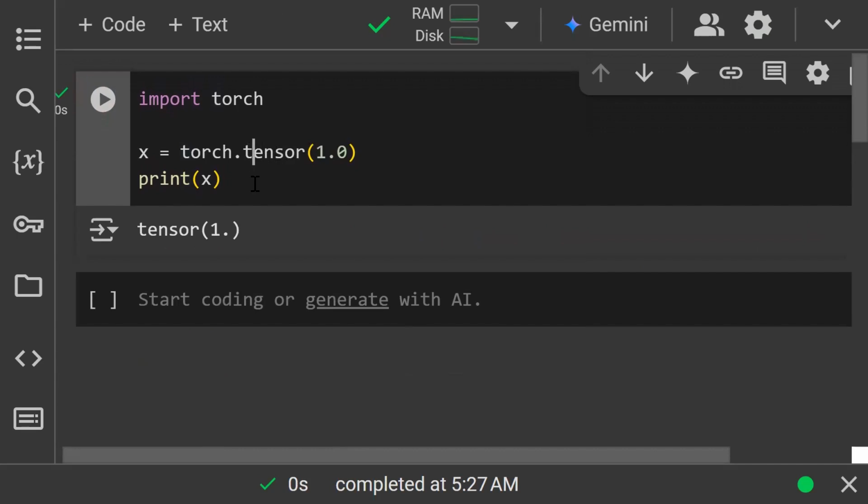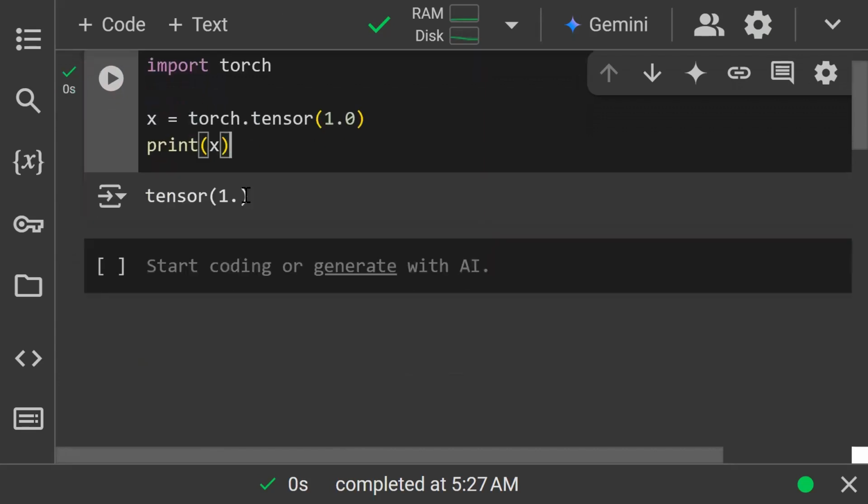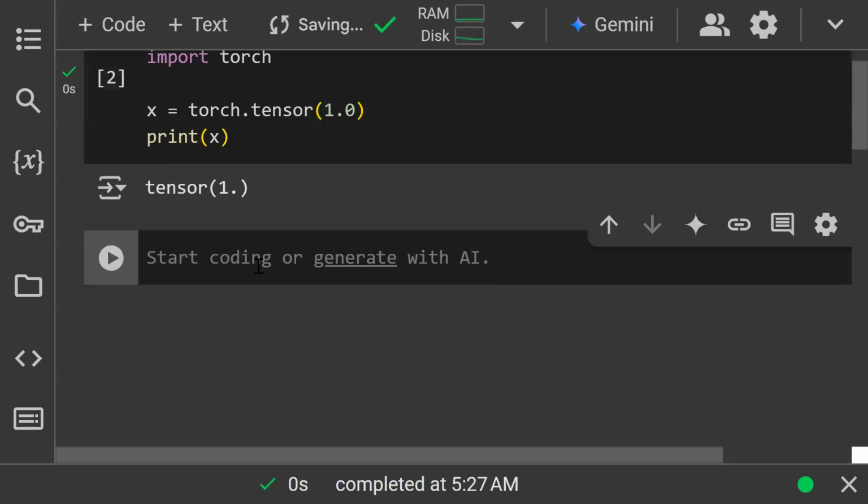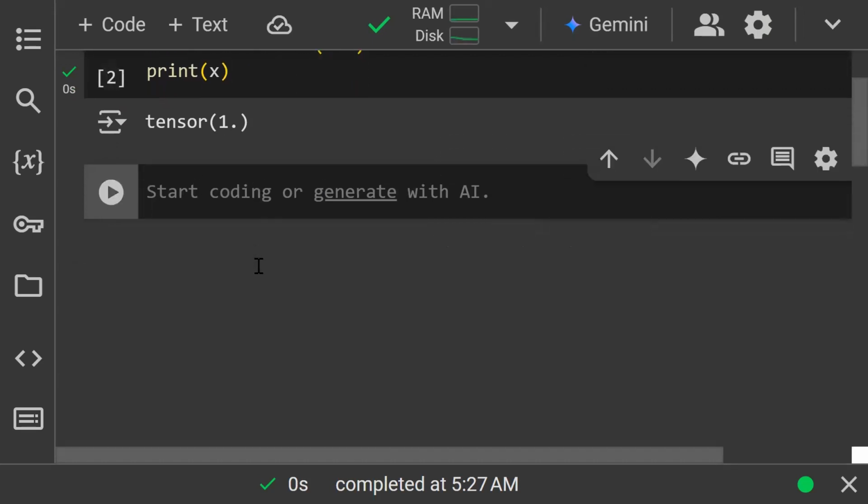This is something that I'm still confused about, but there's a lowercase t and an uppercase T. Lowercase t is for creating a tensor with a scalar value. All right, so here what we're going to do is similar to the example that we saw.